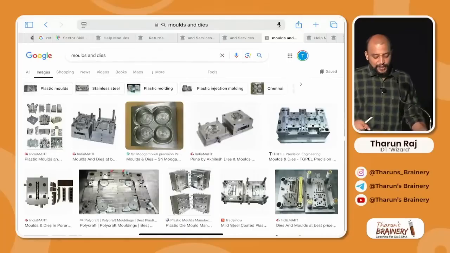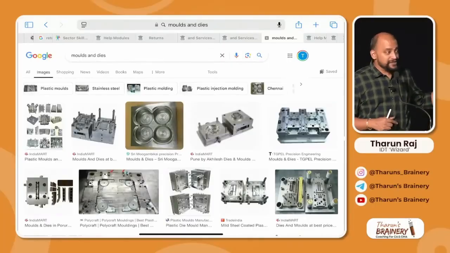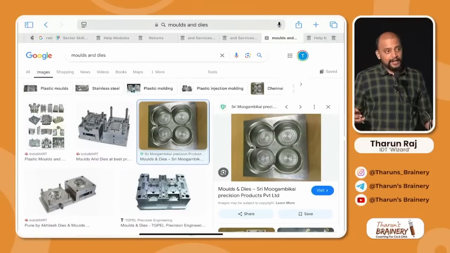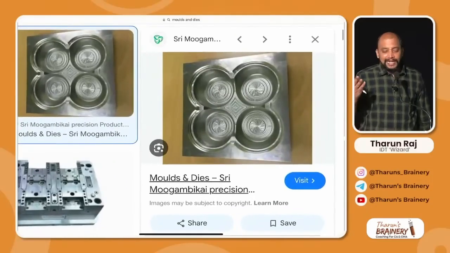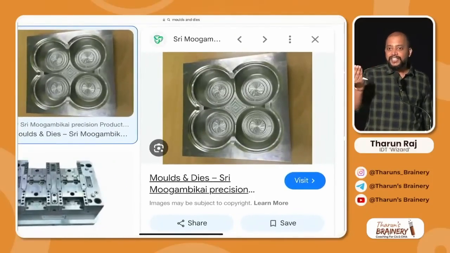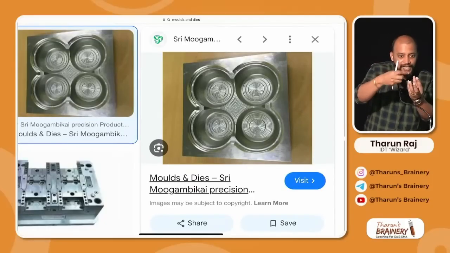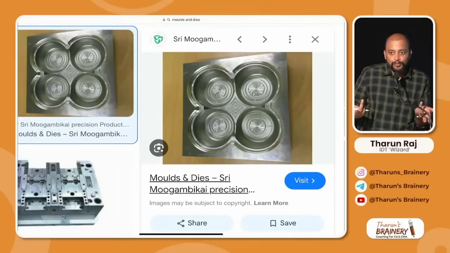Molds and dies are used to bring the product into a requisite shape. For example, mainly during the Ganesha festival, we make modaks, and for that we use a mold. That is an example of a mold or a die.